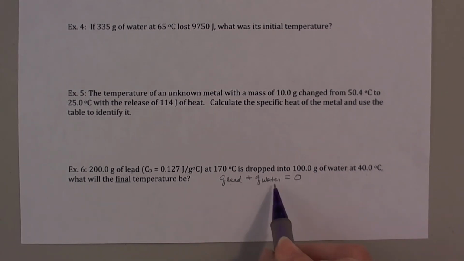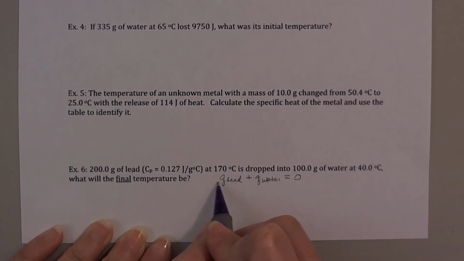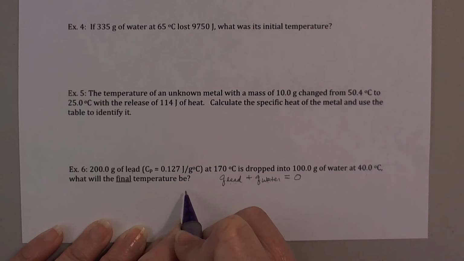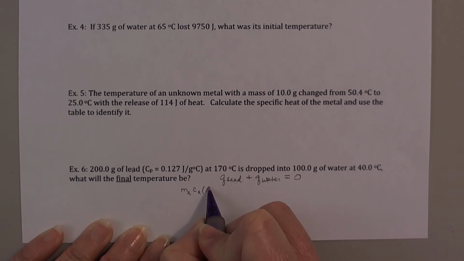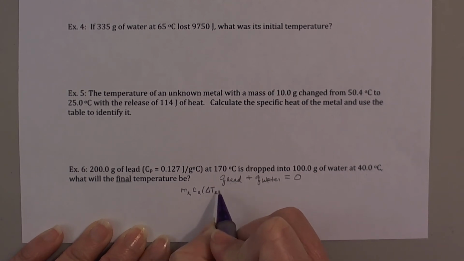If you use this equation, you'll always get the sign on your answer correct because your temperature changes will take care of the signs in these mcat equations. So all we do is we're going to do an mcat equation for lead and an mcat equation for water. So lead, the Q for lead is just mass of the lead times C of the lead times the delta T for the lead.